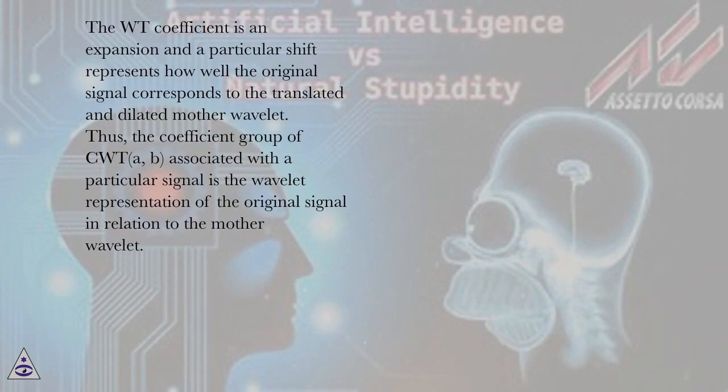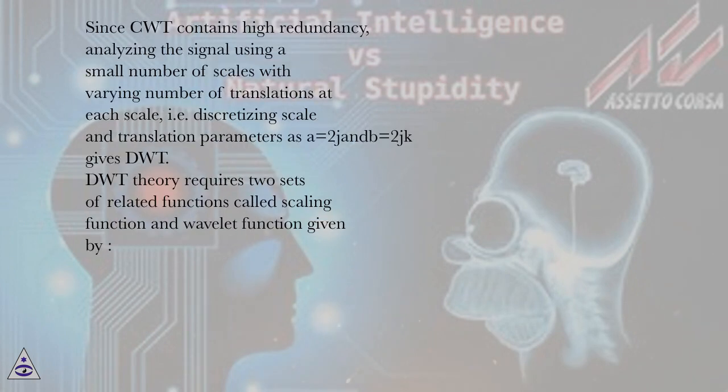Thus, the coefficient group of CWT(a, b) associated with a particular signal is the wavelet representation of the original signal in relation to the mother wavelet. Since CWT contains high redundancy, analyzing the signal using a small number of scales with varying number of translations at each scale, i.e. discretizing scale and translation parameters as a equals 2^j and b equals 2^j k, gives DWT.